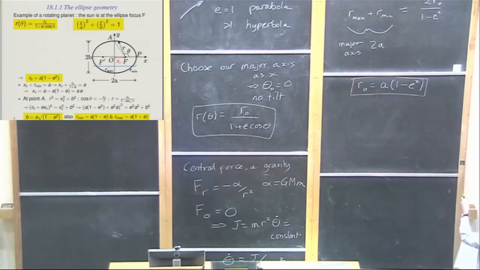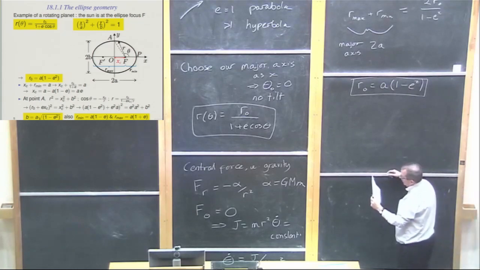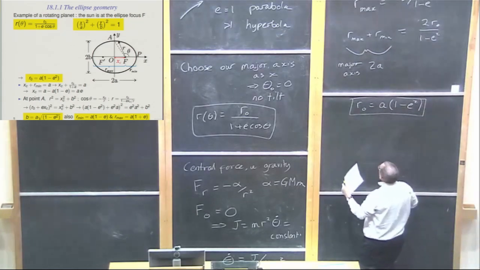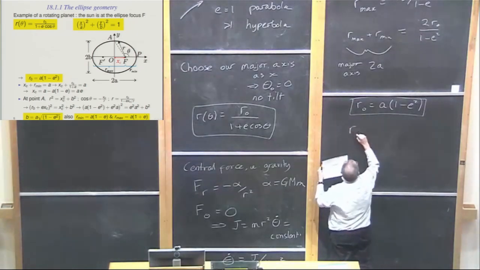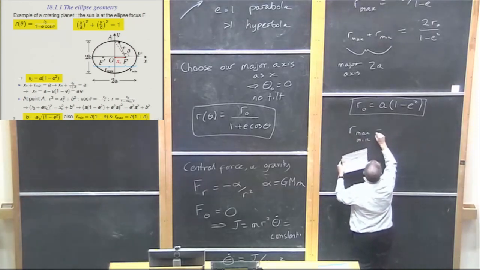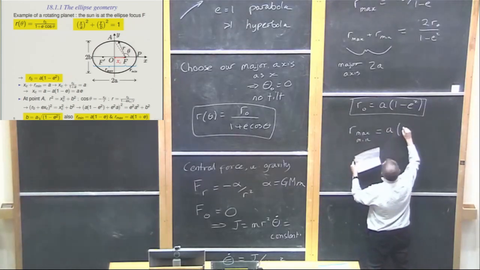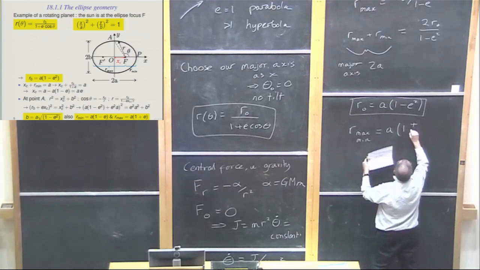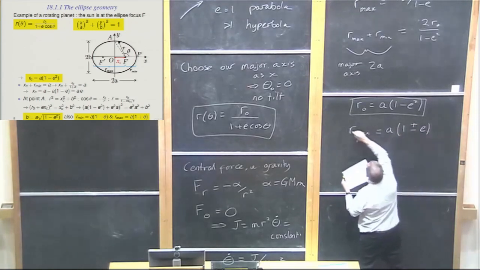Having got that, and since we have these definitions for r min and r max, we can immediately plug these in to get r max and r min in terms of these quantities. Let me write this in a compact form. R max, r min is equal to a times 1 plus or minus the eccentricity.